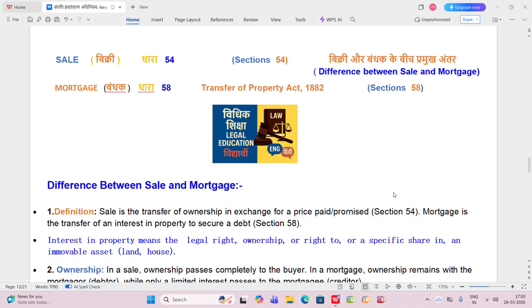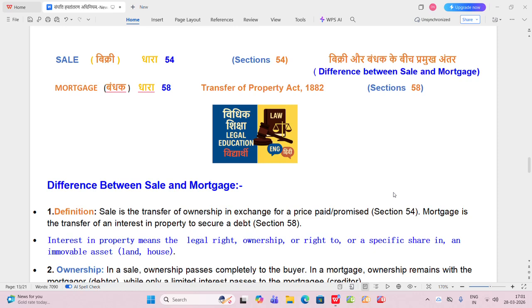Mortgage is the transfer of an interest in the property to secure a debt. Mortgage creates an interest in the property. Now, interest in property means the legal right, ownership or right to or specific share in an immovable asset, maybe land or house.